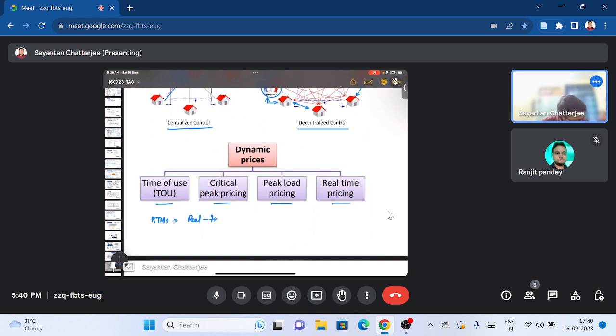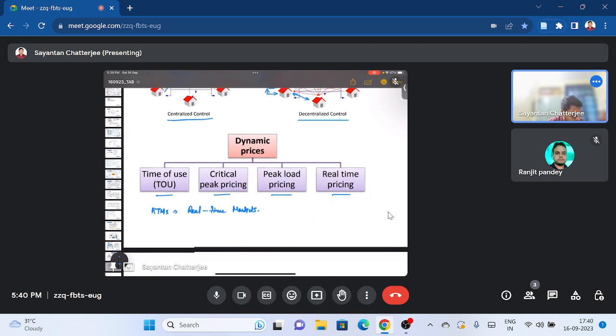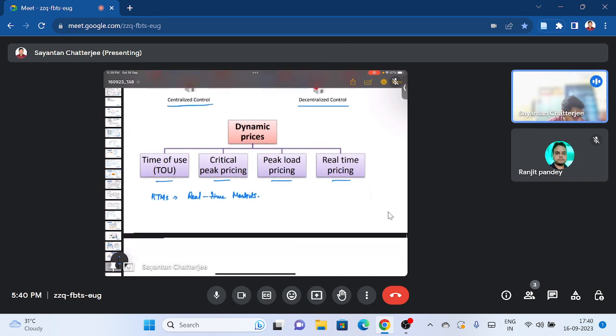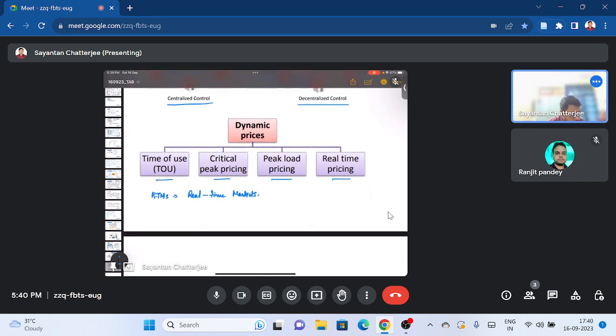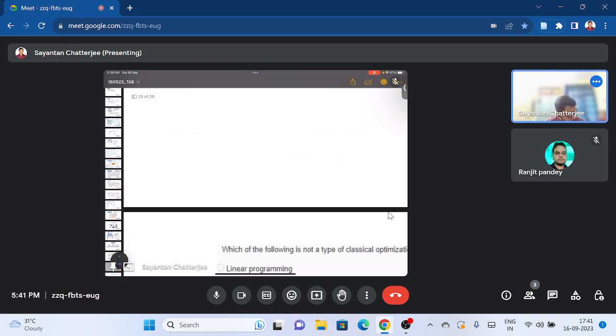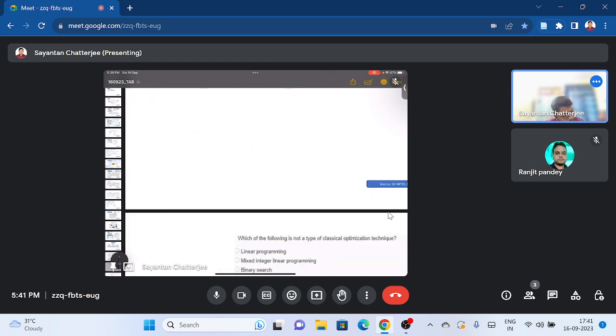These real time markets play a vital role on a real time pricing basis. So there has to be some basis on which the system monitoring and system advancements need to be done. Okay, so that's the overview of this week's material.